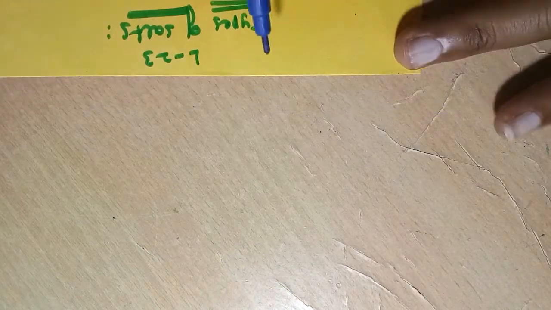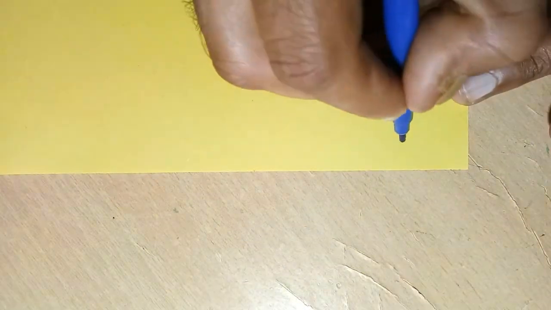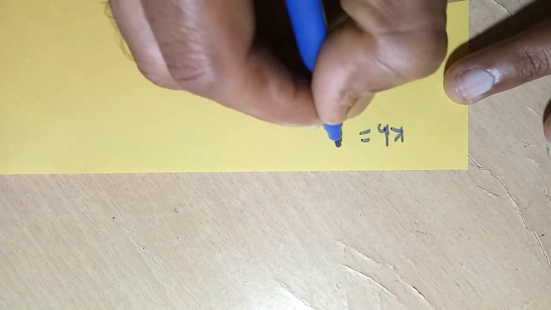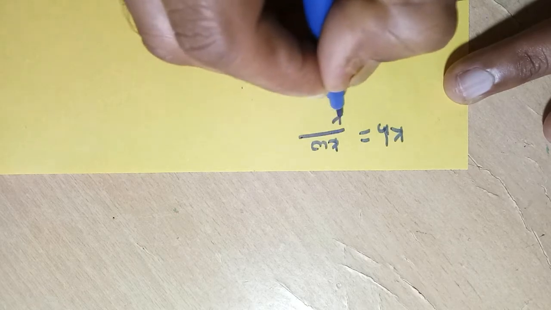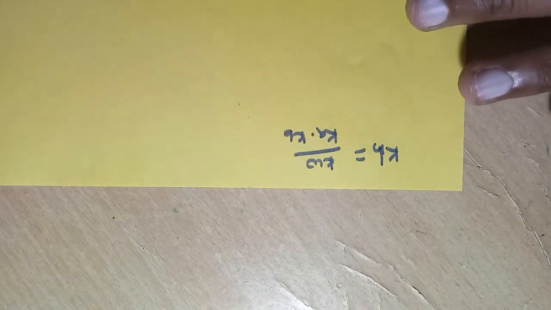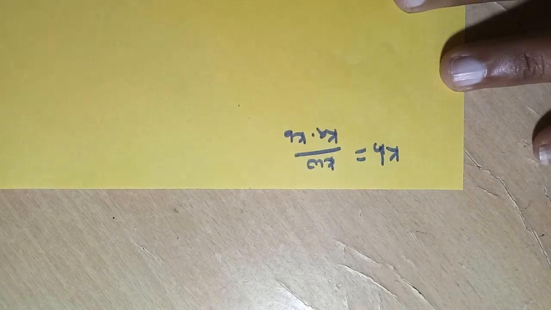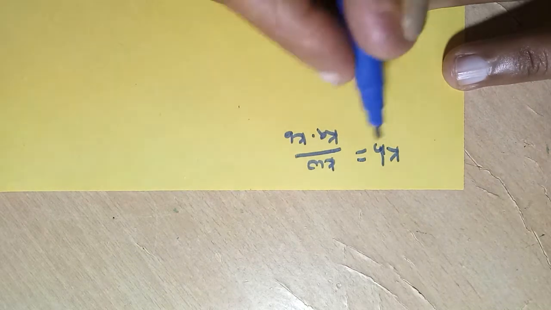Now how will we calculate the hydrolysis constant KH value? KH is equal to Kw by Ka into Kb. Kw is the ionic product of water; Ka and Kb are the acid dissociation constant and base dissociation constant.